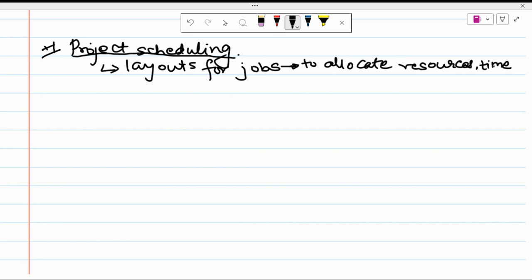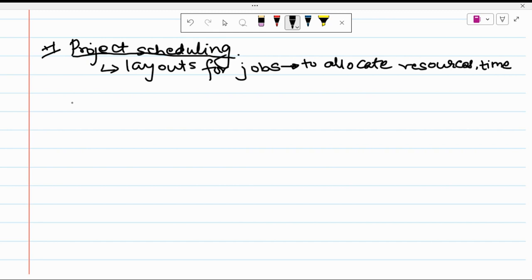This is the technique of scheduling. It is the layout for a job to allocate time and resources. It is just a method of organizing the tasks in a very mannered way.